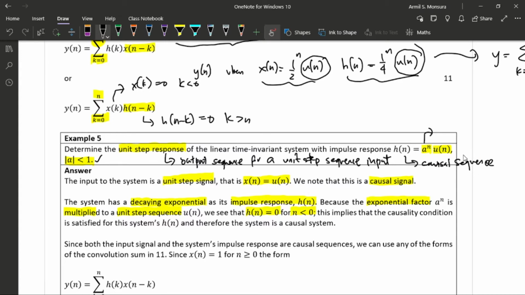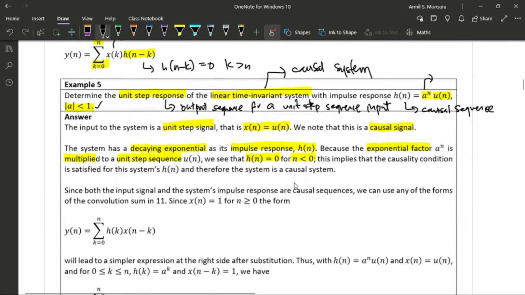And that would also imply that the linear time invariant system represented by this impulse response is a causal system. So meron kang causal input sequence to a causal system. Yun yung situation natin dito sa example 5.